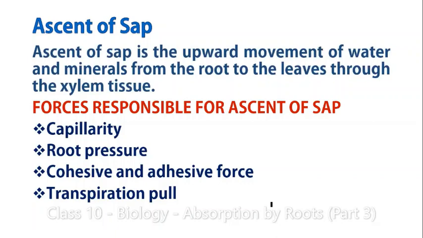So the process of ascent of sap is the movement of the water and minerals from the root to the leaves through the xylem tissue. It is through the xylem tissue that water and the minerals which are absorbed by the roots are carried from the roots to the leaves.